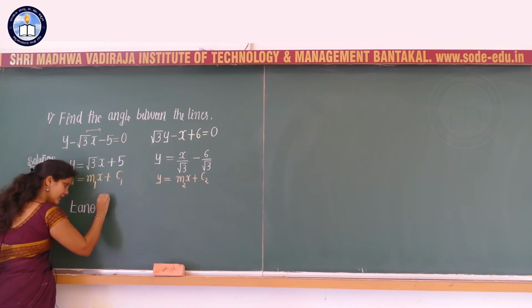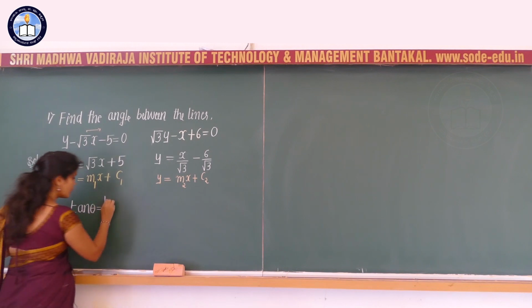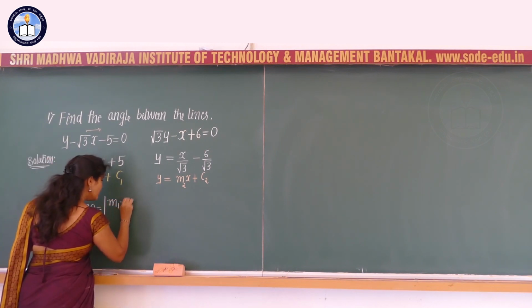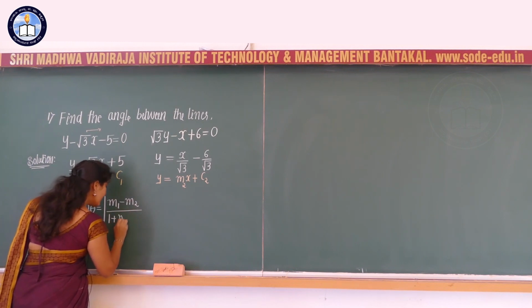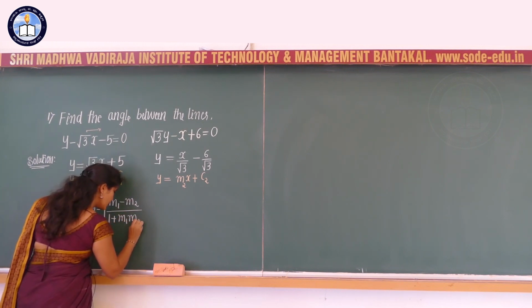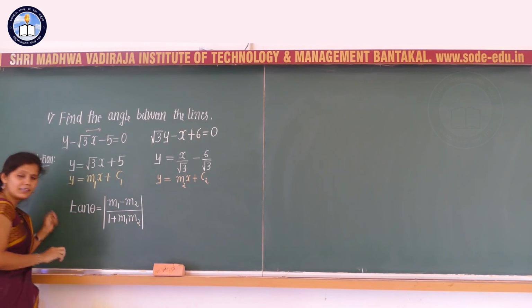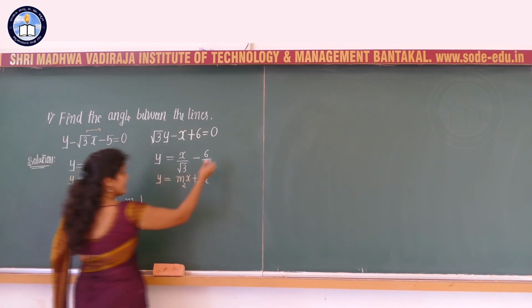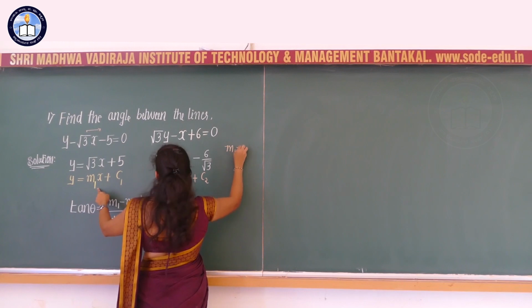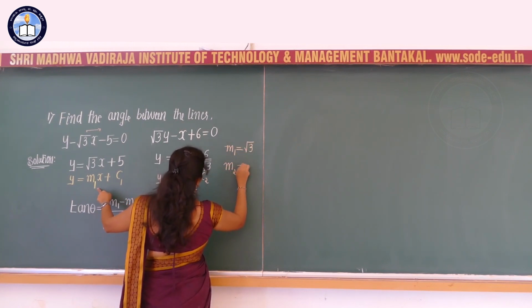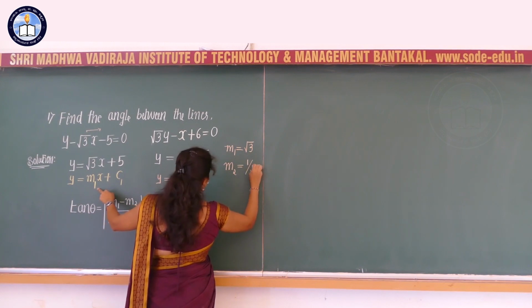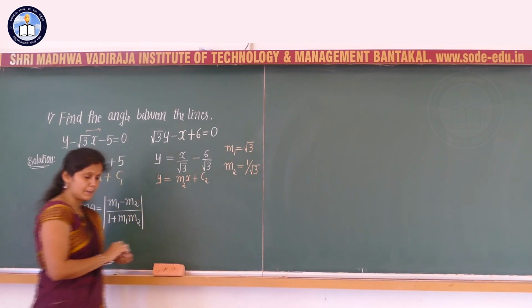I will write the formula. Tan theta is equal to absolute value of m1 minus m2 divided by 1 plus m1 into m2, correct? Here m1 is nothing but what is the value of m1? That is root of 3, and what is the value of m2? Value of m2 is equal to 1 divided by root 3.